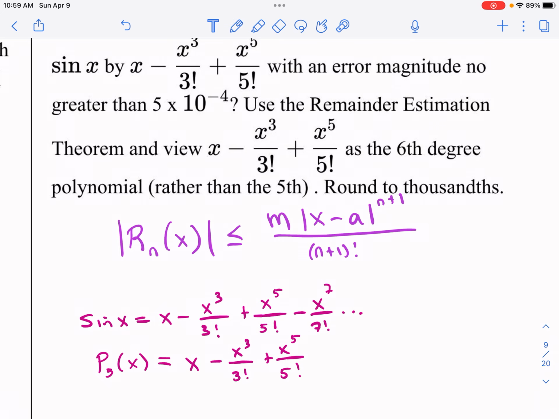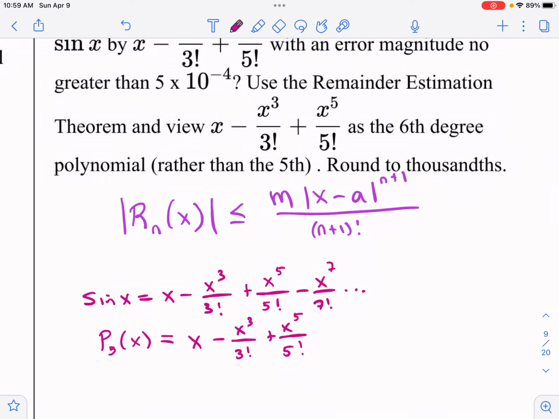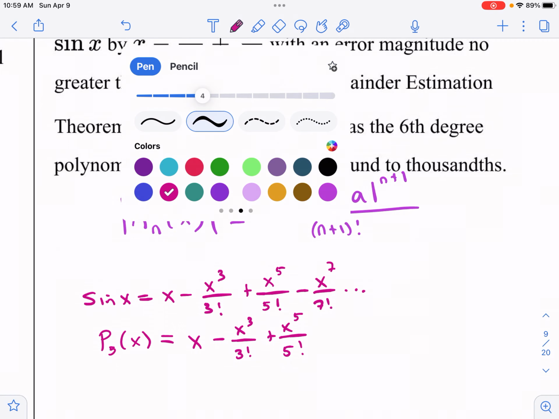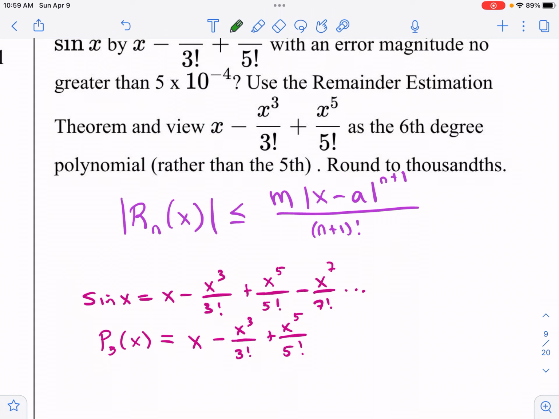It's also the 6th degree polynomial, because if you note what's not there, there are all these zeros that we could put in front. So I could write this if I wanted to, plus 0x to the 6th. You could just think of the coefficient of the degree 6 term being 0.